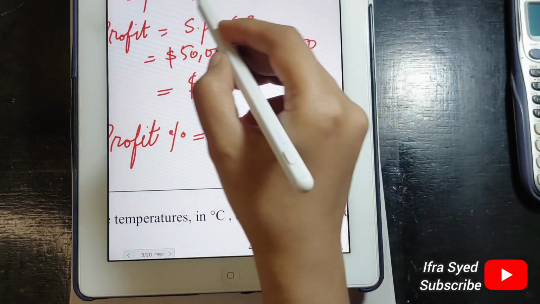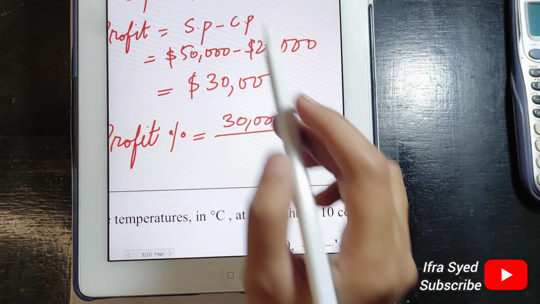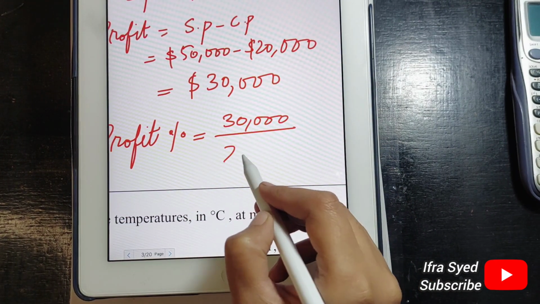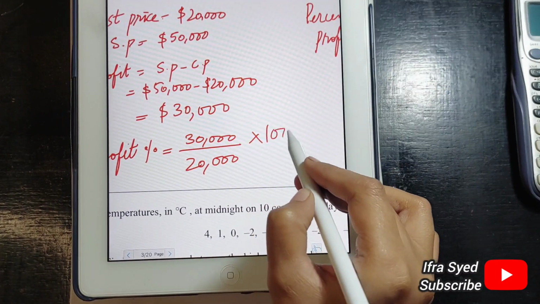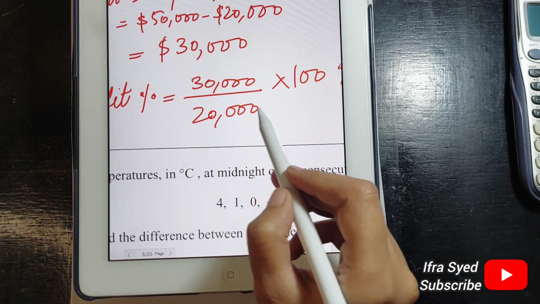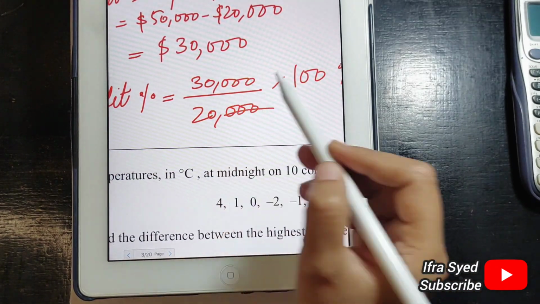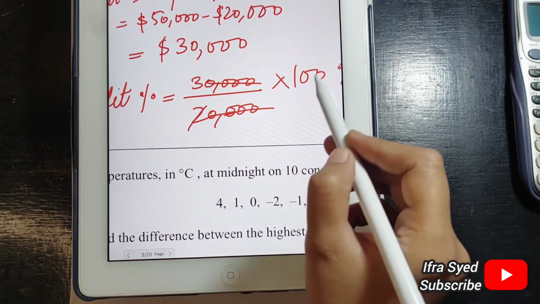Sorry, it's 20,000. Cost price is 20,000. So I'm writing cost price as 20,000 multiplied by 100%.